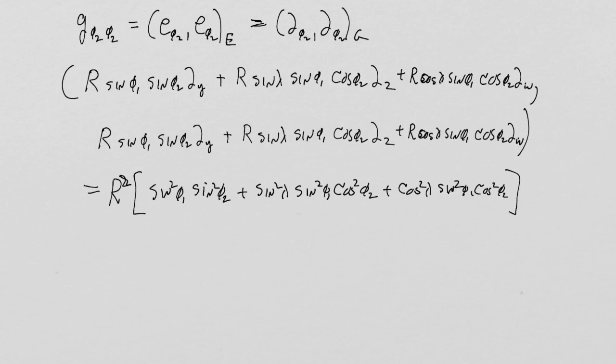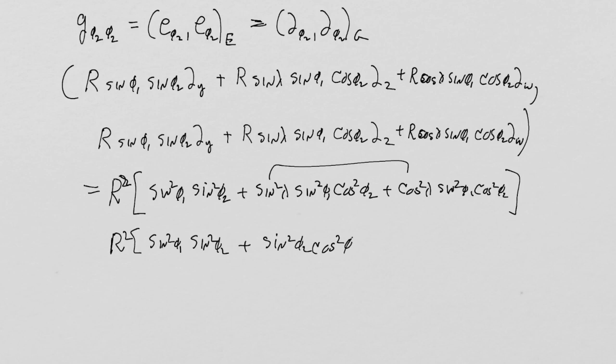And then the same thing happens here with these sines and cosines, so I end up with r squared of sine squared phi 1 sine squared phi 2 plus sine squared phi 2 cosine squared sine squared phi 1 cosine squared phi 2.